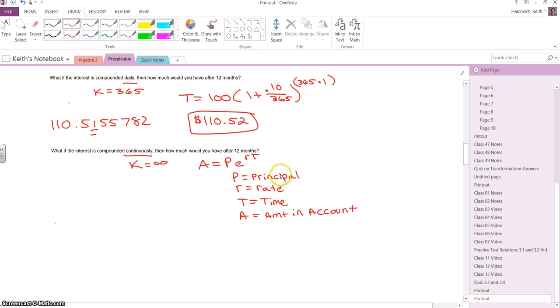So basically the parentheses get replaced with the E, because as this K value becomes infinite, it basically goes towards E, which is 2.78.